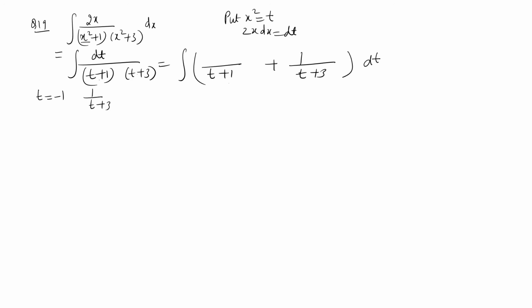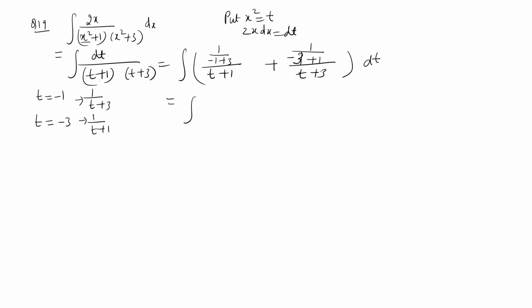In 1 upon t plus 3. So it will be 1 upon minus 1 plus 3. And the second thing is t is minus 3. So where will I put t as minus 3? In 1 upon t plus 1. So it is 1 upon minus 3 plus 1.